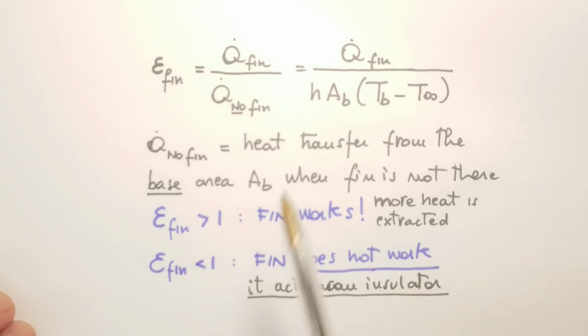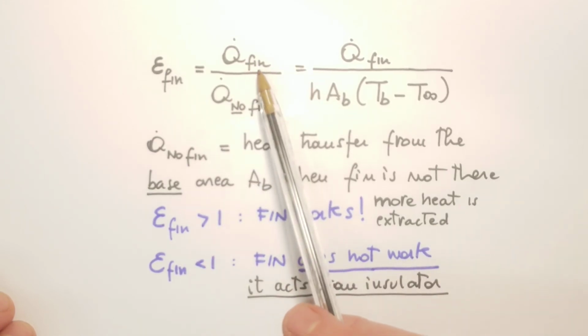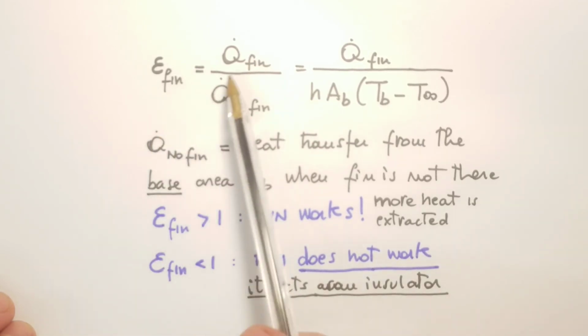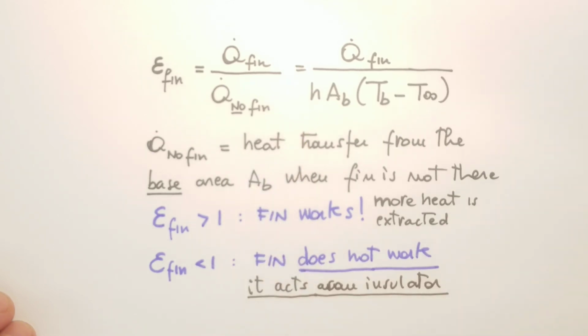It's important to note that we must have effectiveness larger than 1 if we want the fin to perform, because then we have more heat extracted than from the base. So the fin is actually doing a good job. We're extracting more heat when we put the fin. If we have an effectiveness smaller than 1, actually the fin does not work because it acts as an insulator. So we're actually extracting less heat. So that's not an ideal situation.